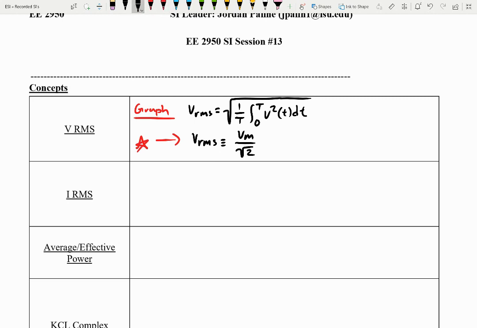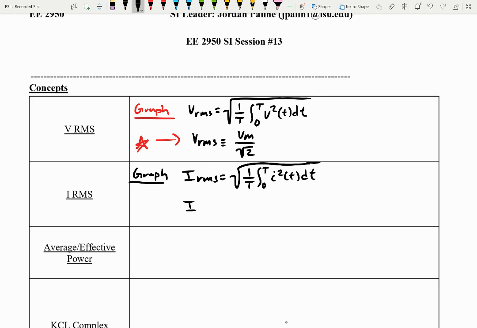Okay. Looking at IRMS, very similar. The graphical form. IRMS is going to be the square root of 1 over the period, 0 to the period. Now it's going to be I squared as a function of time integrated with respect to time.